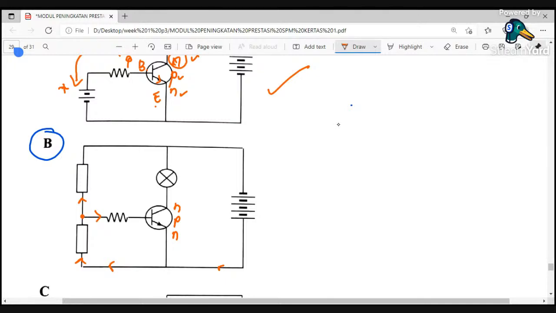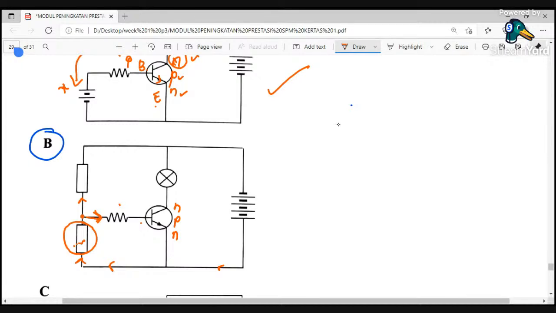Okay, dalam kes ni kalau transistor itu on, ada voltage across the resistor here, means the base circuit akan on sebab BE junction dia punya junction voltage is overcome by this voltage. So current will flow to here.